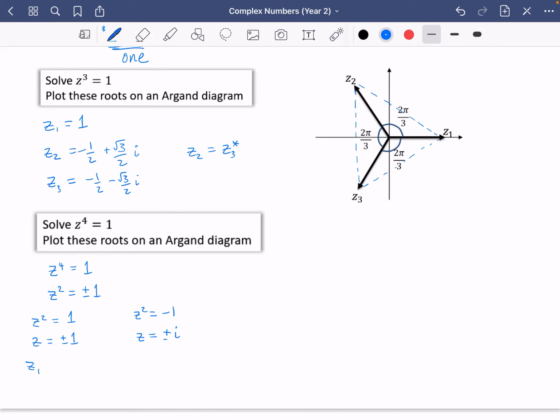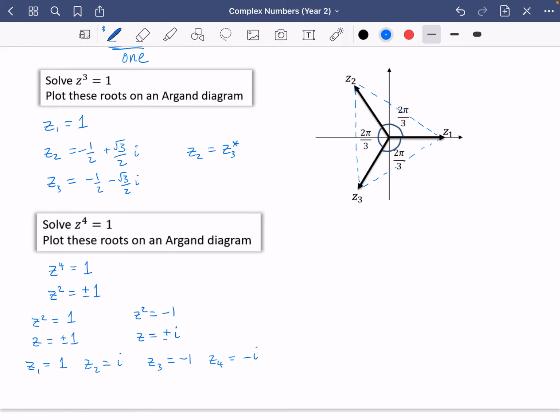So we have that z1 is equal to 1, z2 is equal to i, z3 is equal to minus 1, and z4, the solutions to this, are also equal to minus i. Notice how I've got 1 and minus 1, and I have i and minus i from here.